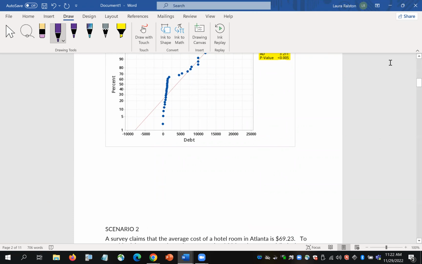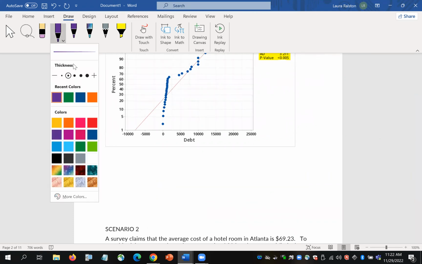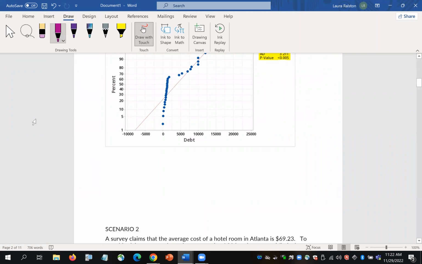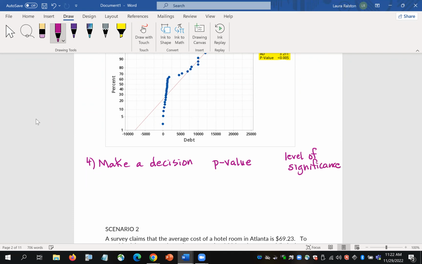Then step 4 in the hypothesis testing process is to make a decision. We make our decision by comparing the p-value from Minitab to the level of significance. So we have p-value was 0.005. The level of significance was 0.05.